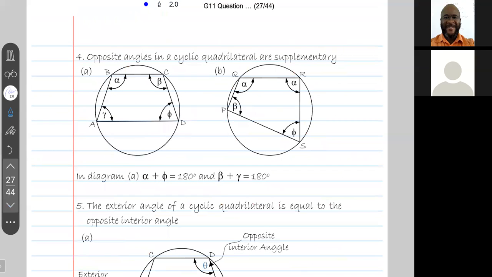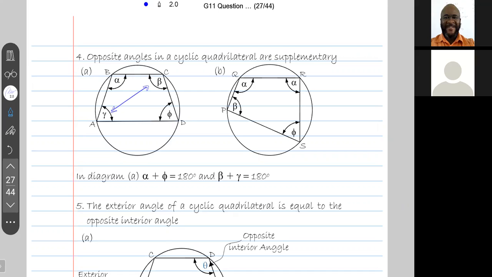All right, this is circle theorem number 4. Circle theorem number 4 says opposite angles in a cyclic quadrilateral are supplementary. Now, the word supplementary means add up to 180 degrees. All that this is saying is that this angle and this angle add up to 180.